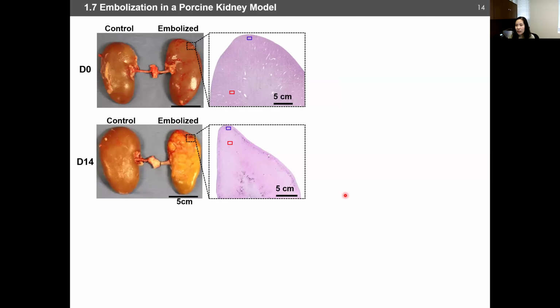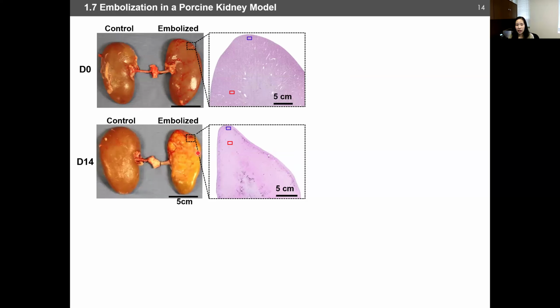If we look at the explanted tissue, the embolized kidney becomes smaller. Here it's at day 14. We have data at 30 days, but it's not related to this work; after 30 days it becomes much smaller. So why is this important? Sometimes in a kidney transplant, removing one kidney directly may put the patient at risk of hemorrhage.